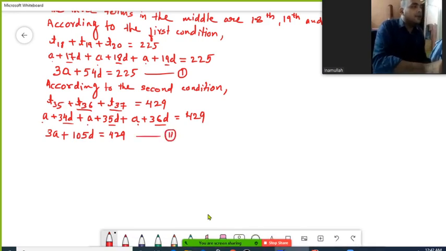Now we have two equations in two variables. This is equation number 1 and this is equation number 2.